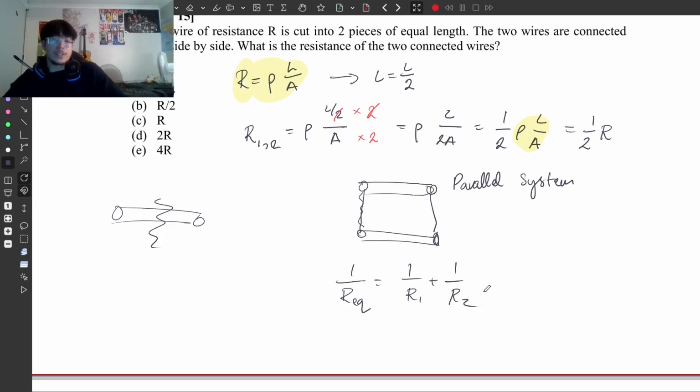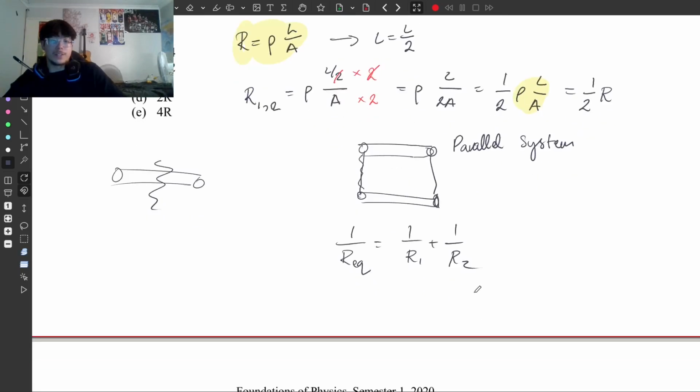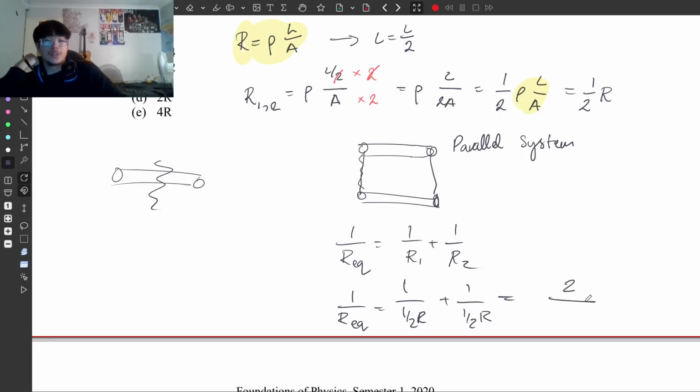So if we just put in our values here, we get 1 on R equivalent is equal to 1 over R1, which is 1/2 of R, plus 1 over 1/2 of R, which is going to be equal to 2 over 1/2 of R, because we can add these fractions together because they have the same denominator.